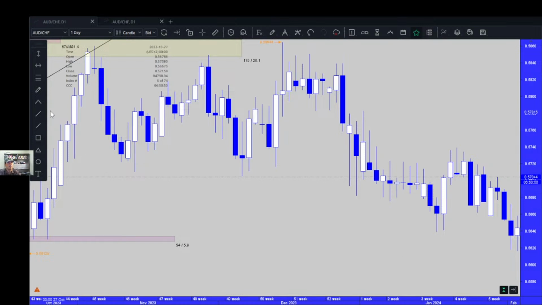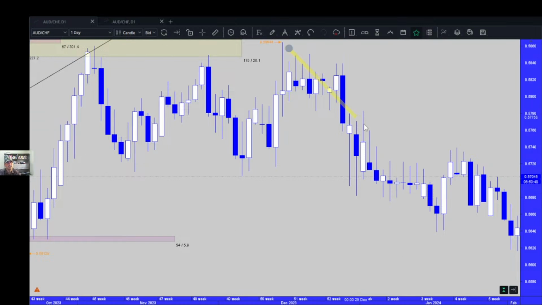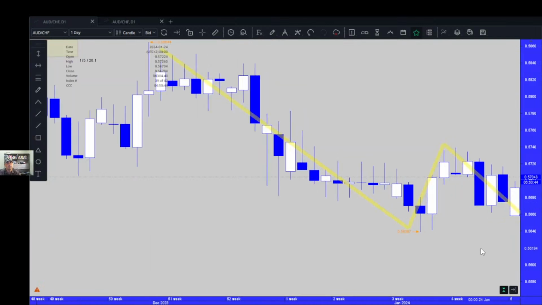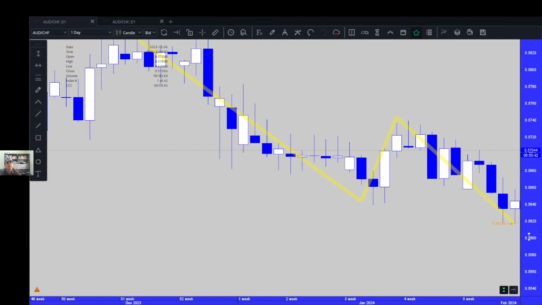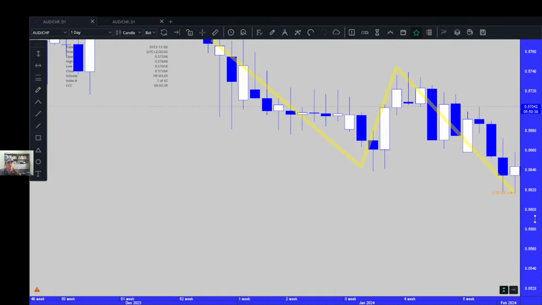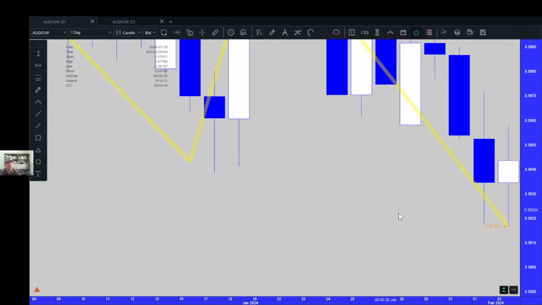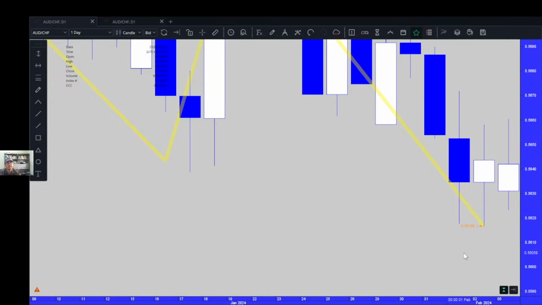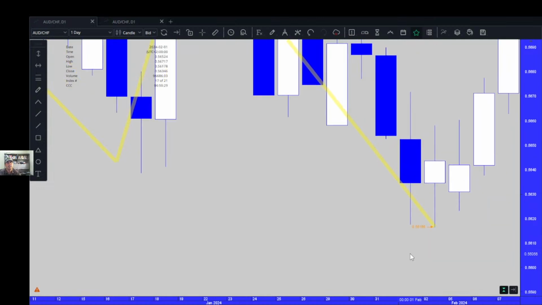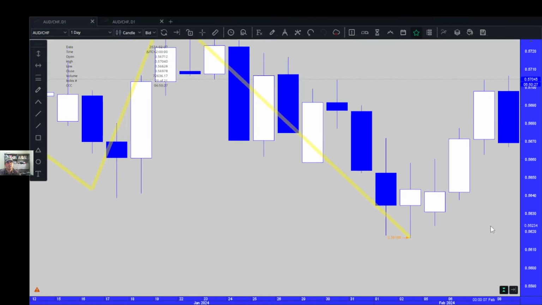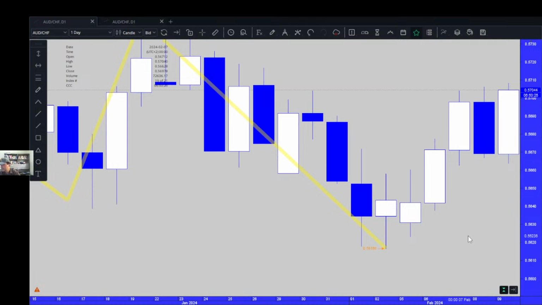The knowledge you can use is that after an extension, a retracement must come. So this was last Friday. And then it starts. Last Friday, and then it's Monday, Tuesday, Wednesday, Thursday, Friday.